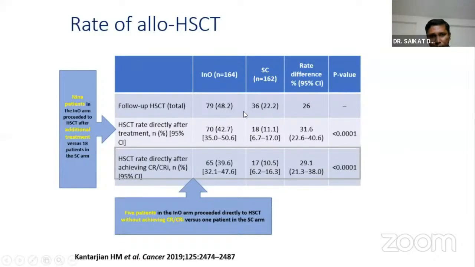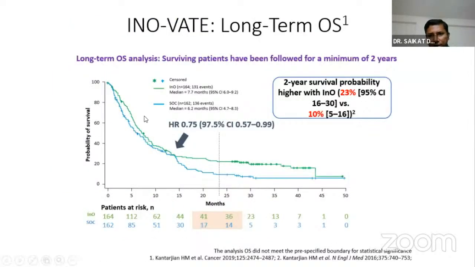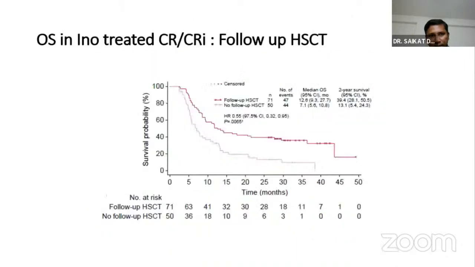With the use of inotuzumab, around 50% of patients can go for stem cell transplant. As they are going to CR, they can get a transplant after inotuzumab. So with inotuzumab, the CR rate, the MRD negativity rate, and the transplant rate, everything improves. This is long-term data of the INO-VATE trial, which produced 2-year survival of 23% compared with 10% with standard of care chemotherapy.